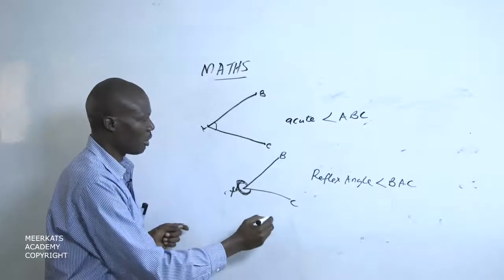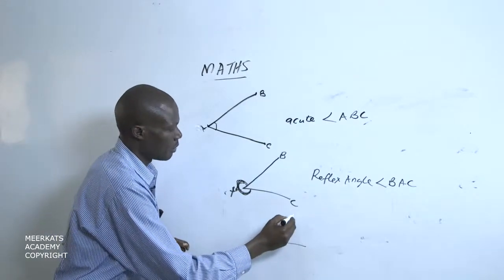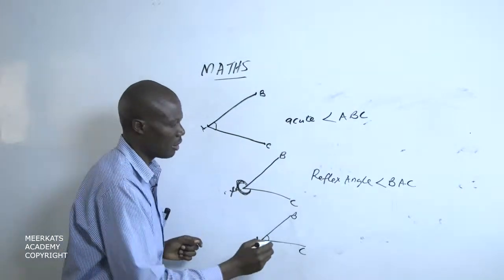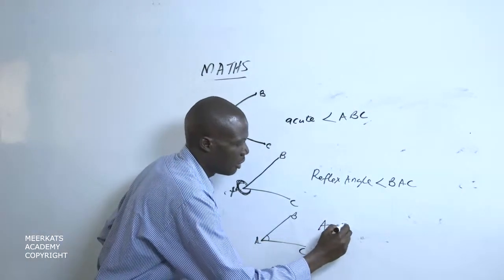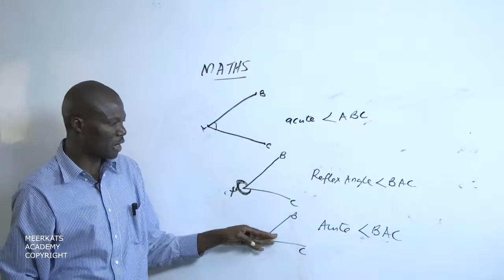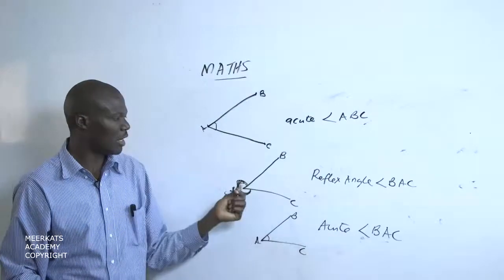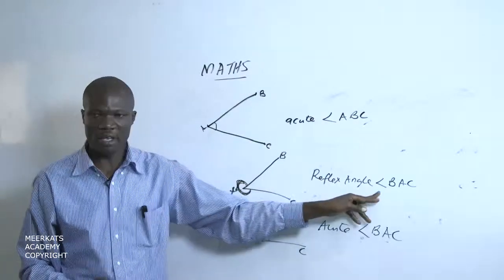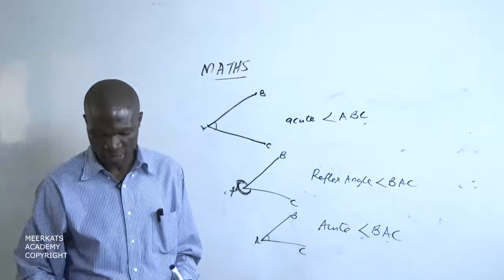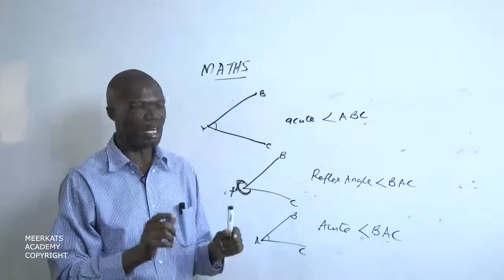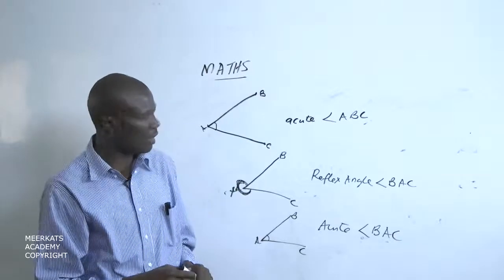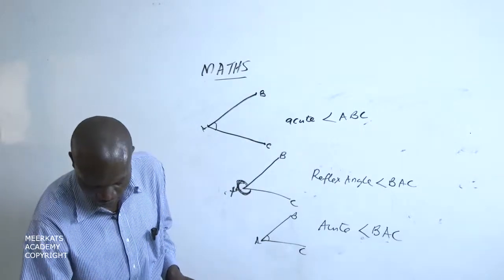For the acute angle BAC, it is the inside that reflects the angle. So this one is acute angle BAC. This is a reflex angle BAC. These angles are not the same. They are different. And that's why we must show that one is reflex and another one is an acute angle.